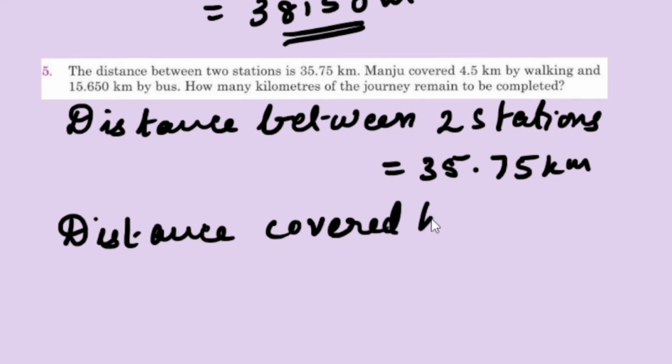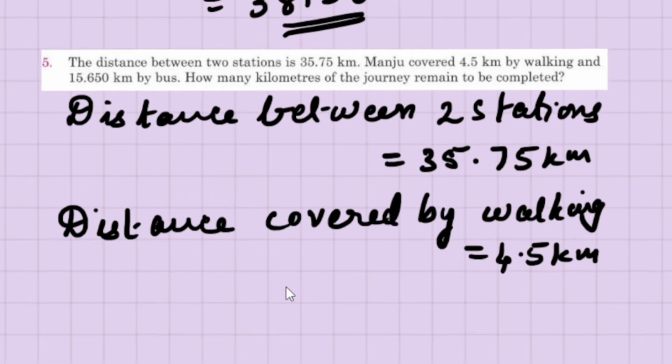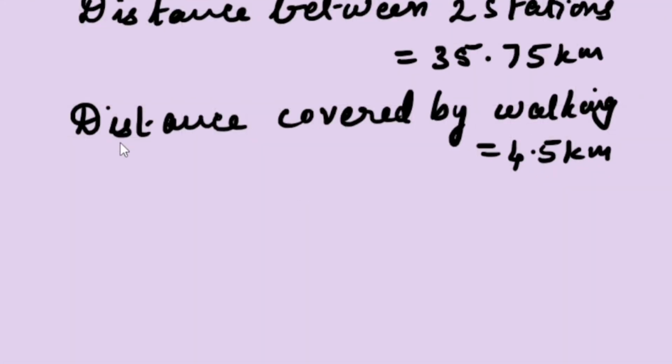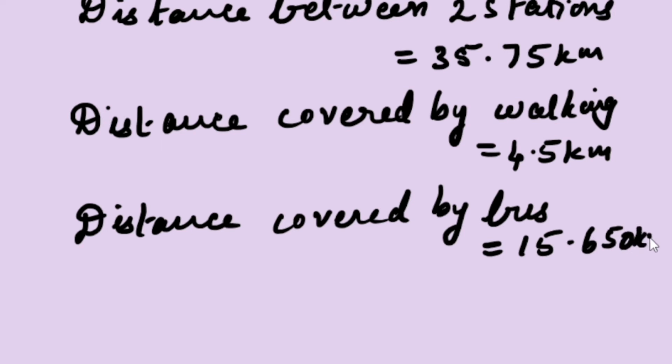Now distance covered by walking. How much? 4.5 kilometer. Then next distance covered by bus. How much? It is given as 15.650 kilometer.